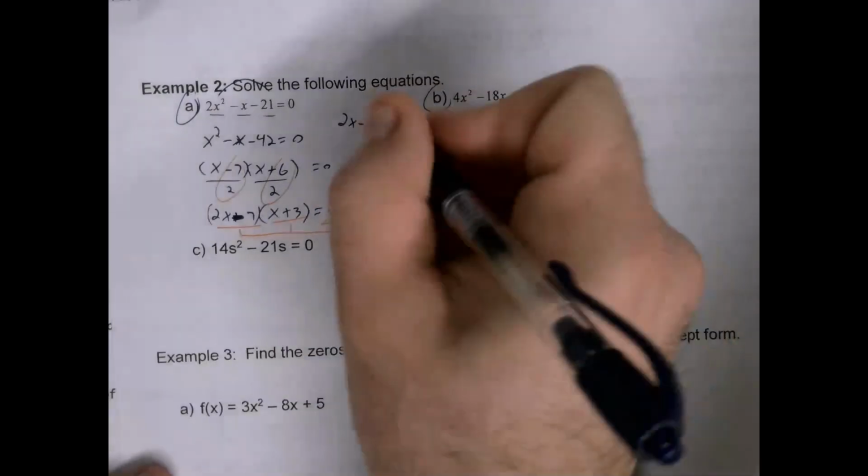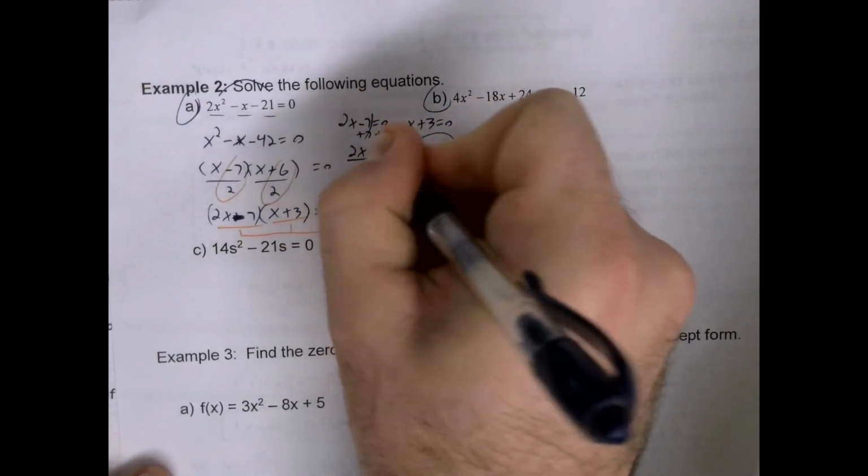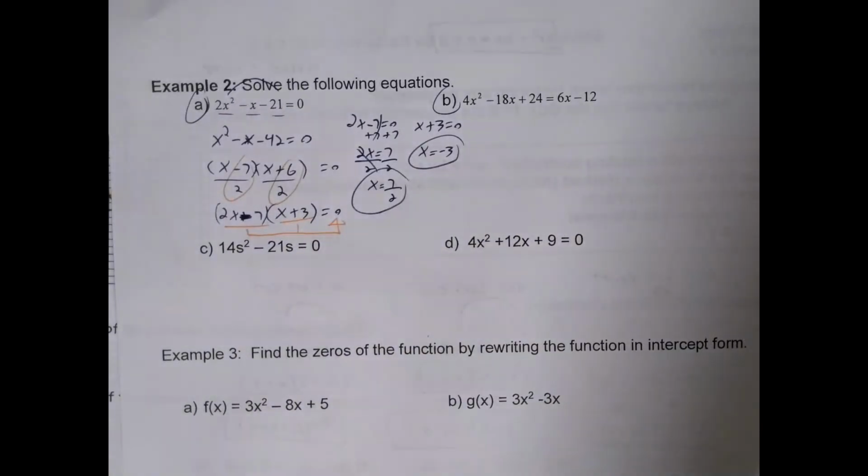If I add 7 to both sides, 2x equals 7, divide by 2, you get 7/2 for your other x. So our 2 x-intercepts, or 2 solutions to the equation, would be negative 3 and 3.5, or 7/2.